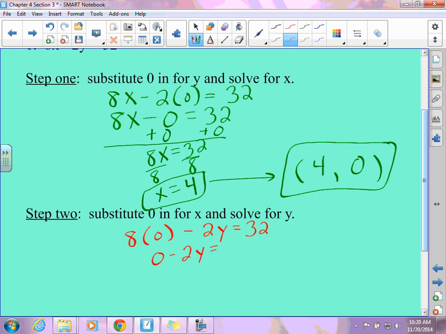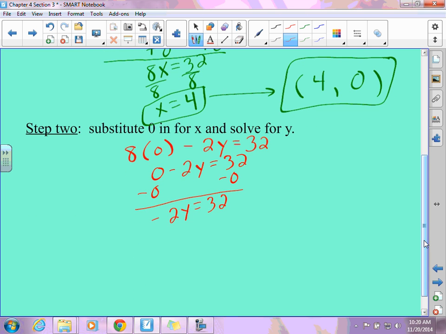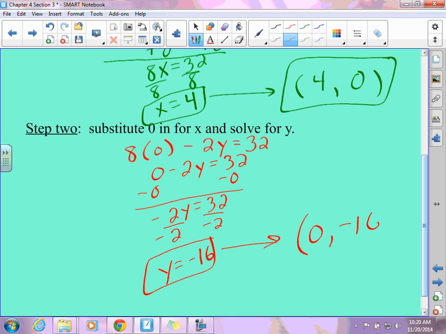Subtract my 0. Minus 2y equals 32. Divide by negative 2. That's correct. Y equals negative 16. And so my ordered pair is going to be 0, comma, negative 16.